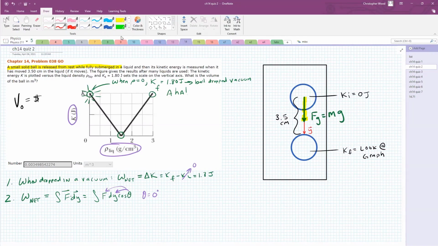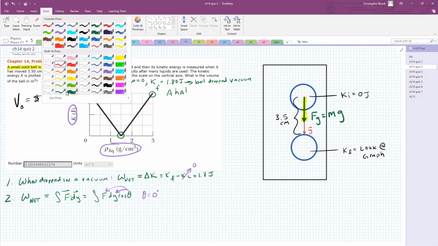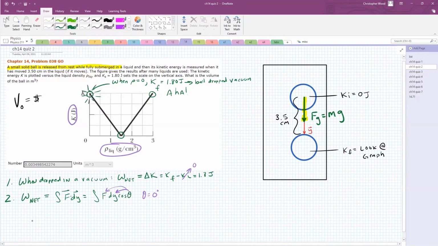Theta equals 0. So I can express the net work done as the integral from 0 to 3.5 centimeters of mg times dy times cosine of 0 degrees, which equals mg times the integral of dy, since mg is a constant that can come out and cosine of 0 is 1, from 0 to 3.5 centimeters.